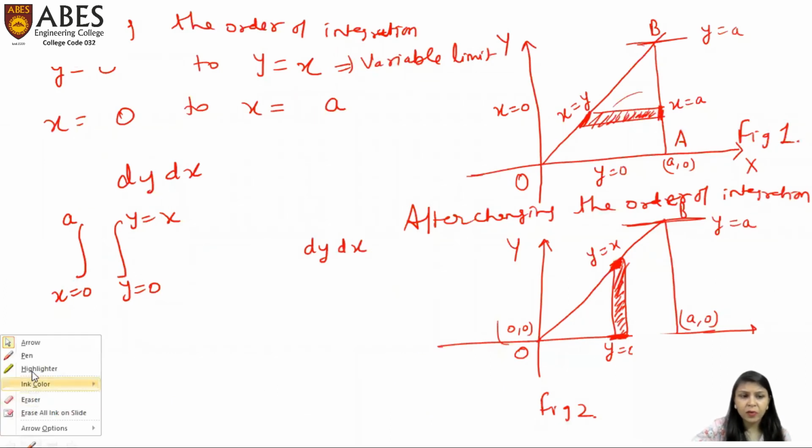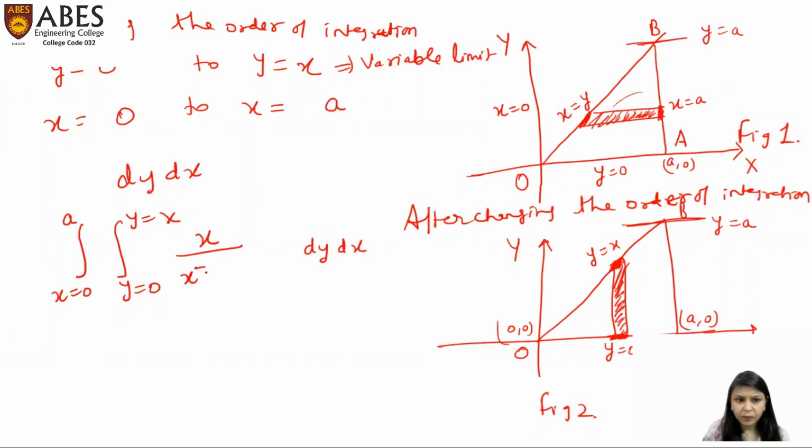So x upon x square plus y square. We first need to integrate it with respect to y, because y is a variable limit.